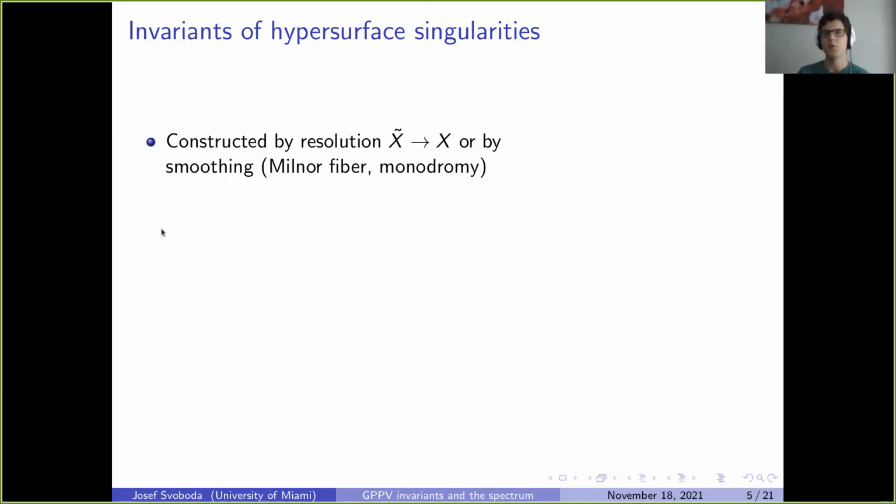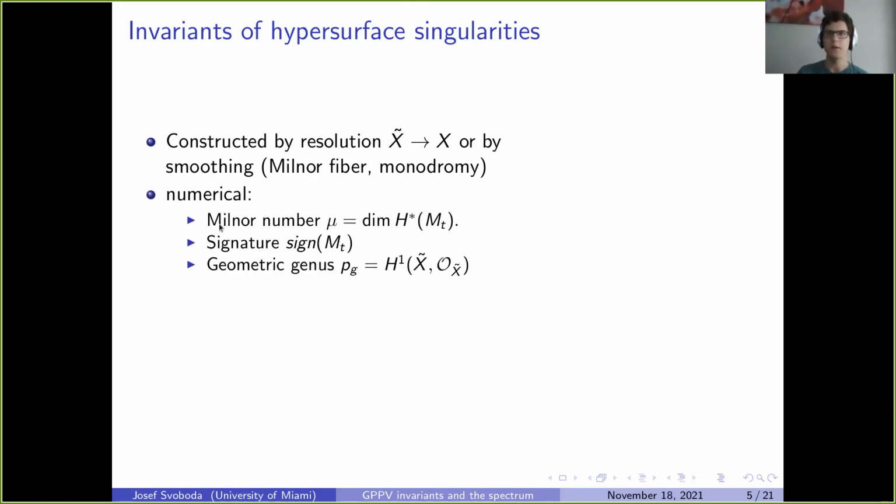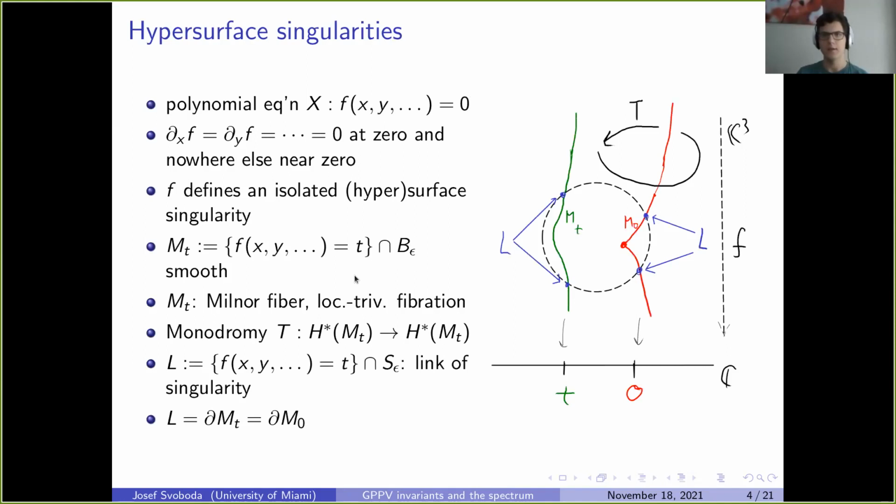So some numerical invariants are, for example, this Milnor number mu. This is just the dimension of the cohomology of the Milnor fiber. And I didn't mention another important theorem of Milnor, which says that this M_t is actually homotopy equivalent to a bunch of spheres glued at a point.